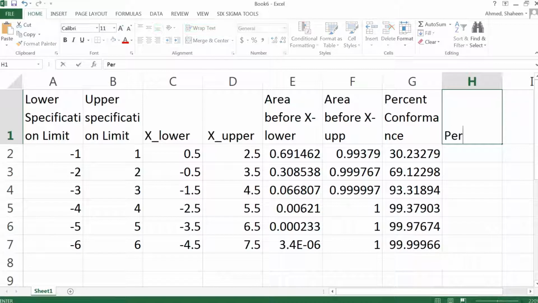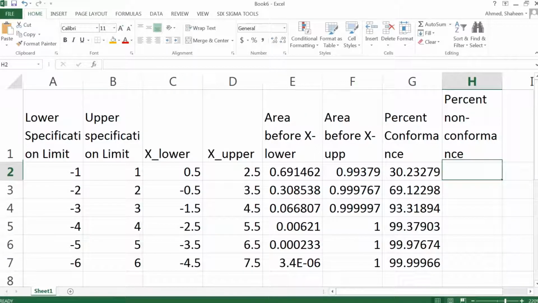So let's calculate percent non-conformance. So percent non-conformance is 100 minus the conformance.